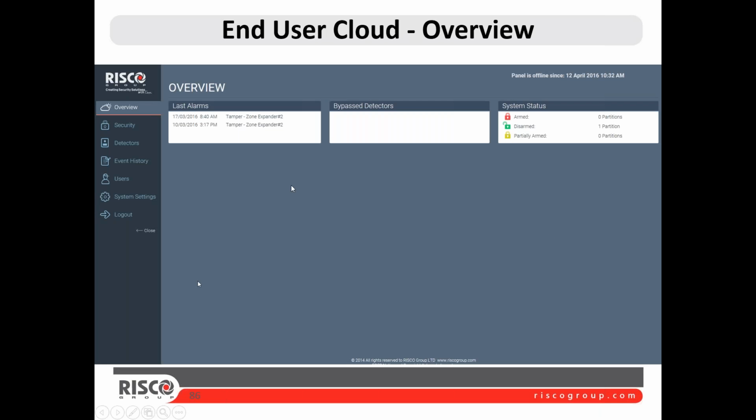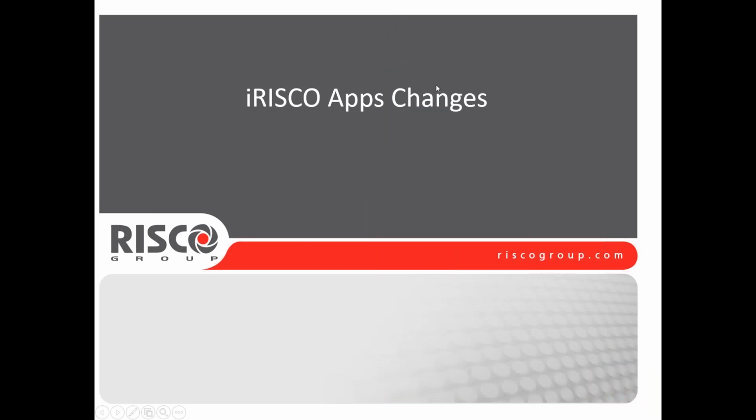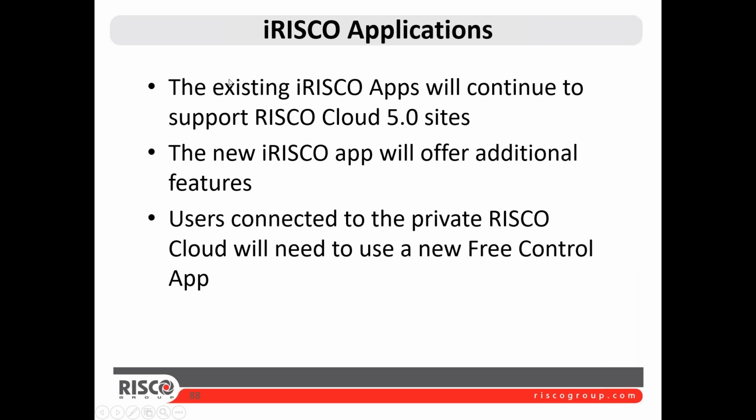Okay. All right, the cloud overview. From the user's standpoint, the web user interface hasn't changed a great deal, so that looks very similar. I do suggest that you log into the beta site as an end user, just to go over some of the small changes that have occurred.